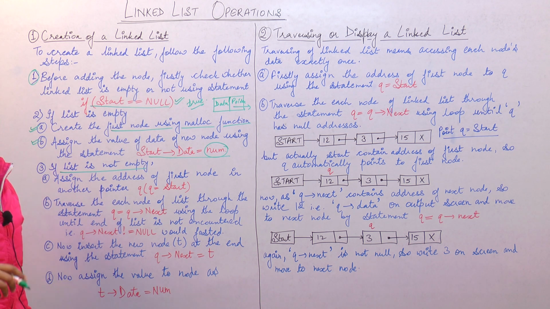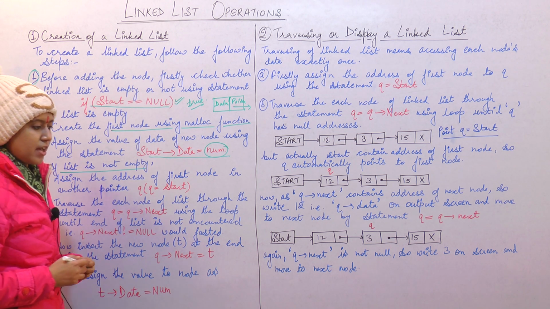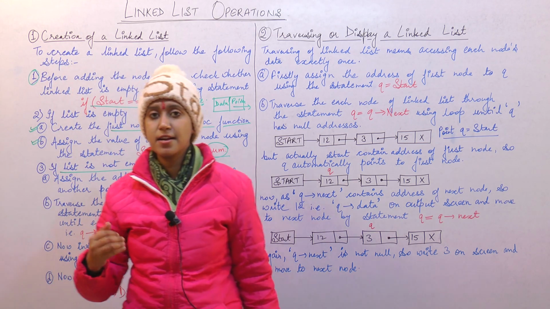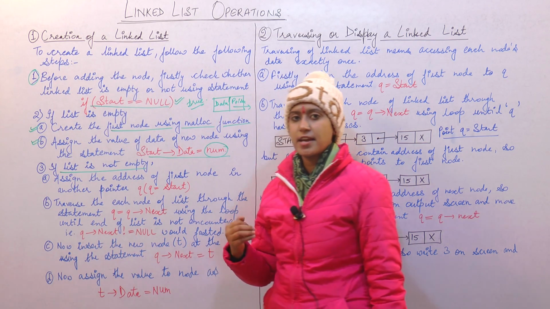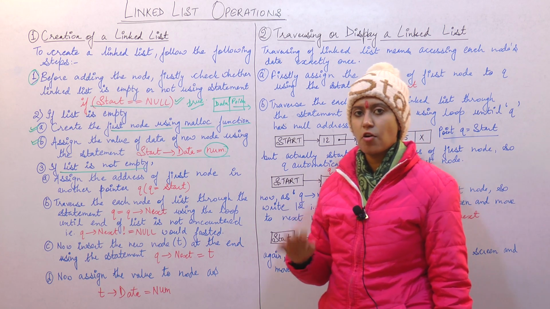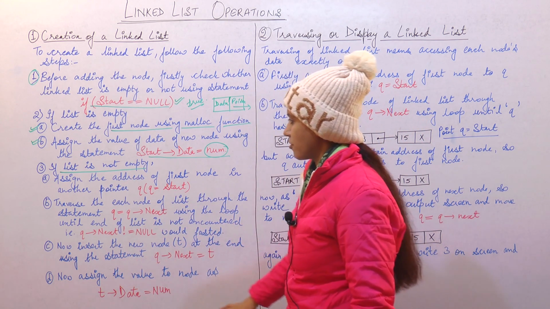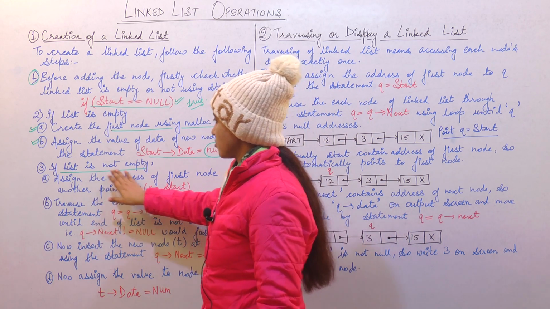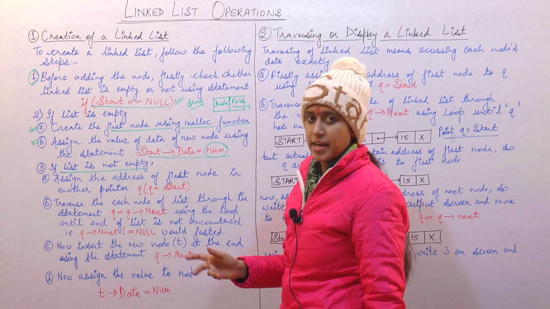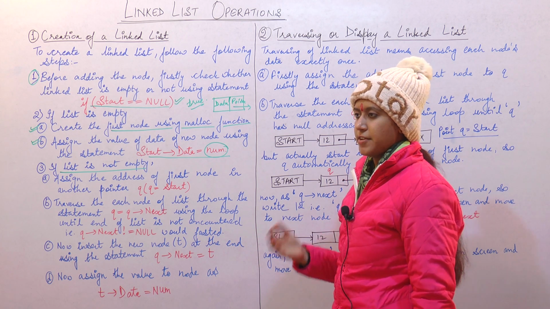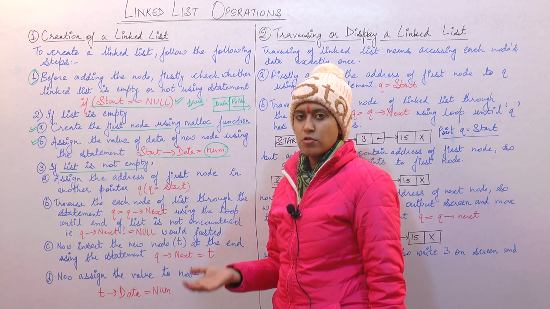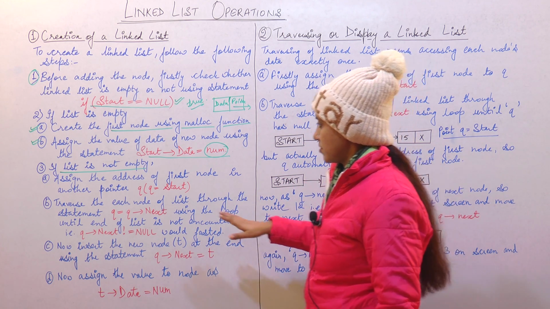Now if the list is not empty, that means we already have a linked list, then how can we add a new node to that already created linked list? We will study this in 4 steps. The list can have 1 node, 2 nodes, or any number of nodes.